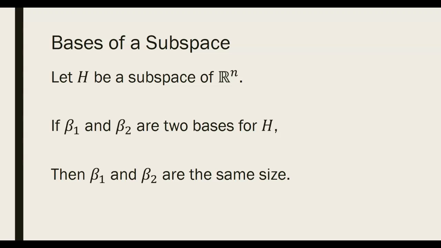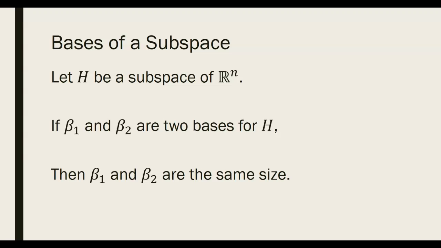Now, while there's infinitely many different bases for each subspace of Rn, the really nice thing about any two bases for a subspace is that they have to have the same size.